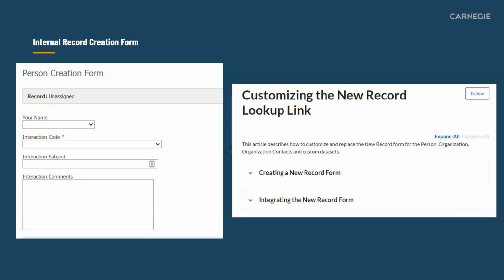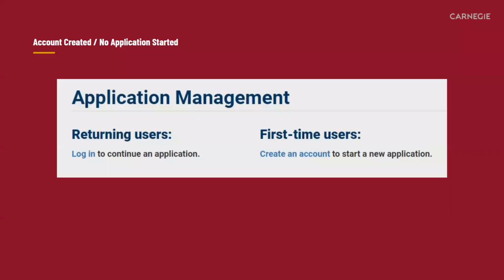Search for customizing the new record lookup link, and then you can connect that form to that person creation button. And now, whenever somebody goes to the lookup tool and clicks on new person, they're actually submitting a form. And then, of course, connect your person creation form to your origin sources, and all of those students will have an origin source.